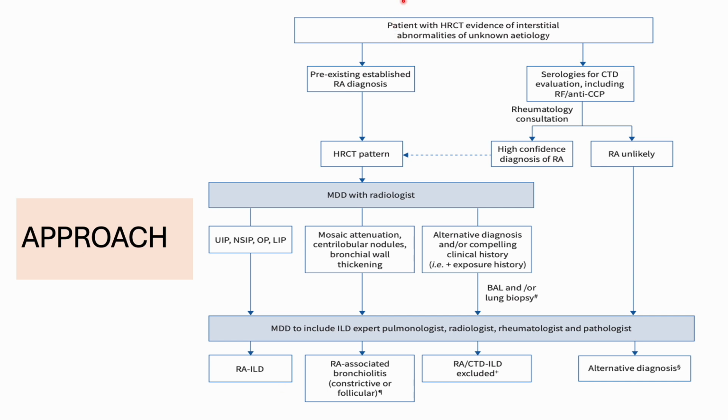If we're looking at a patient who has an HRCT evidence of interstitial abnormalities, and we know that serologies are favorable for rheumatoid arthritis, the rheumatologist is confident that this is RA, and we are seeing interstitial lung abnormalities, it's good to have a multidisciplinary discussion with the radiologist and the rheumatologist, try to establish the pattern of disease, and try to exclude not only infections, but also hypersensitivity reactions and alternate diagnoses.